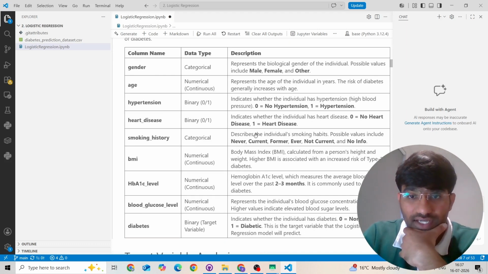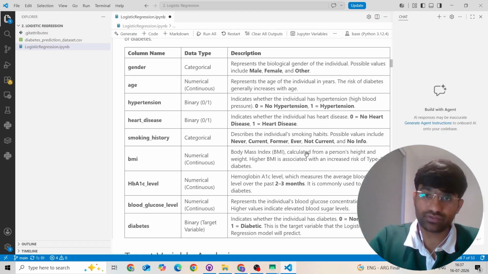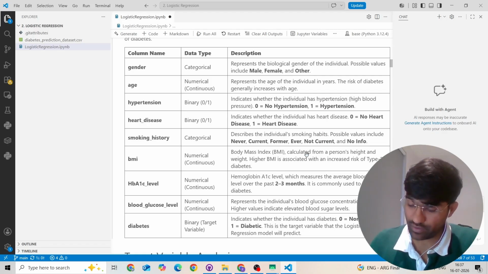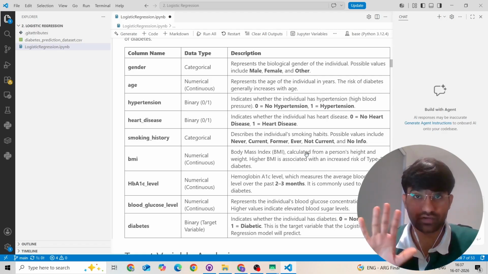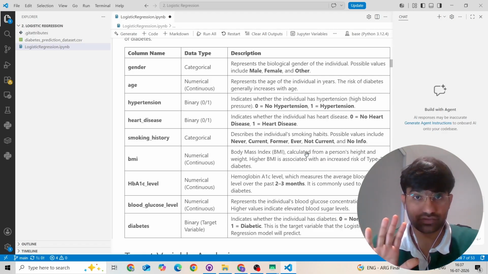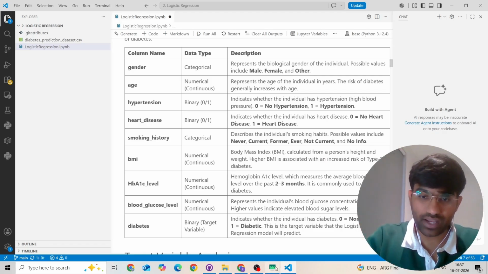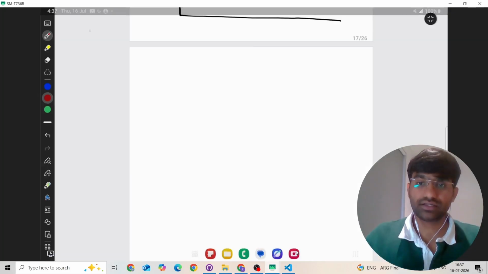Smoking history has six categories: never, current, former, ever, not current, no info. I have to convert these into numerical features, because machine learning algorithms learn on numerical features, not on categorical data. So we have to handle the categorical values.